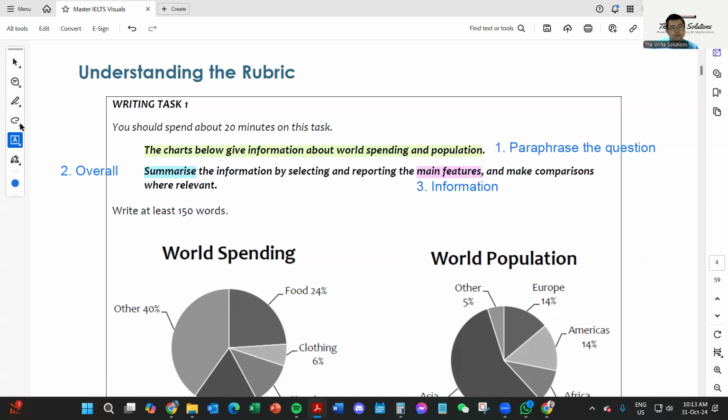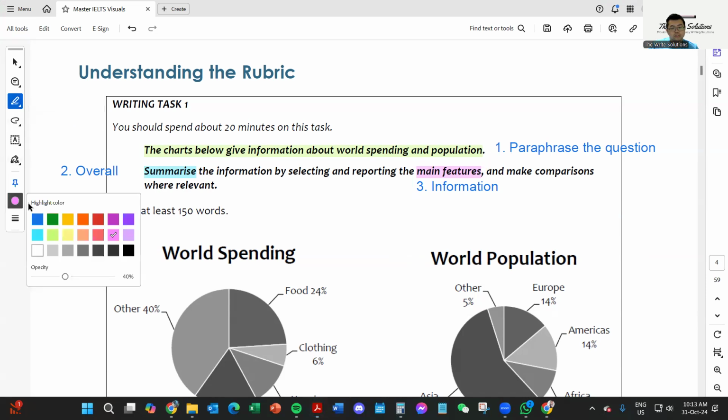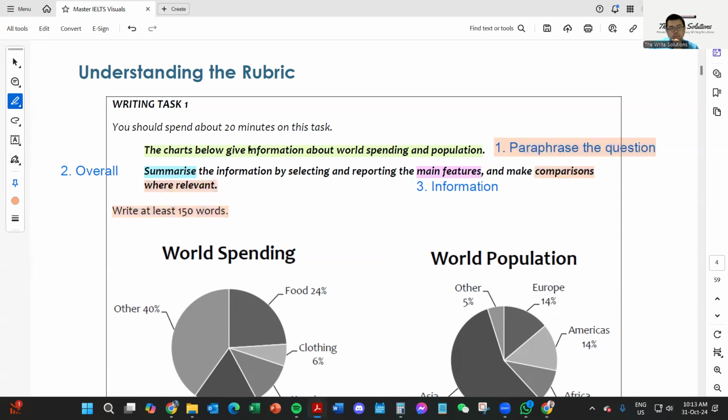And the fourth thing, obviously, is the comparison. Let's put this in orange. So this is the comparison.